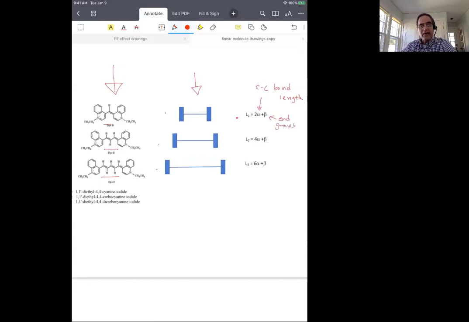We don't know what alpha and beta are, but we do know how the length changes in terms of alpha and beta.